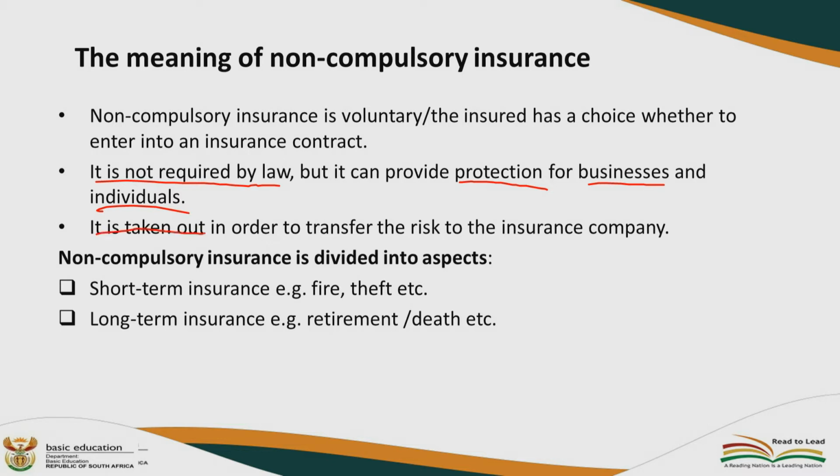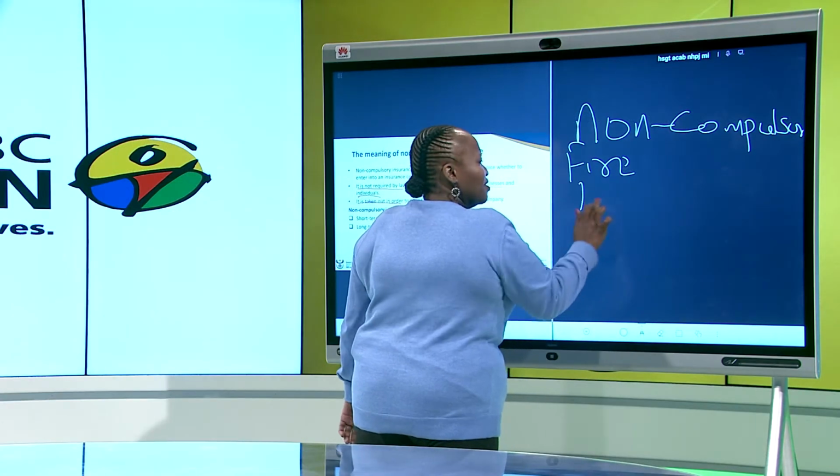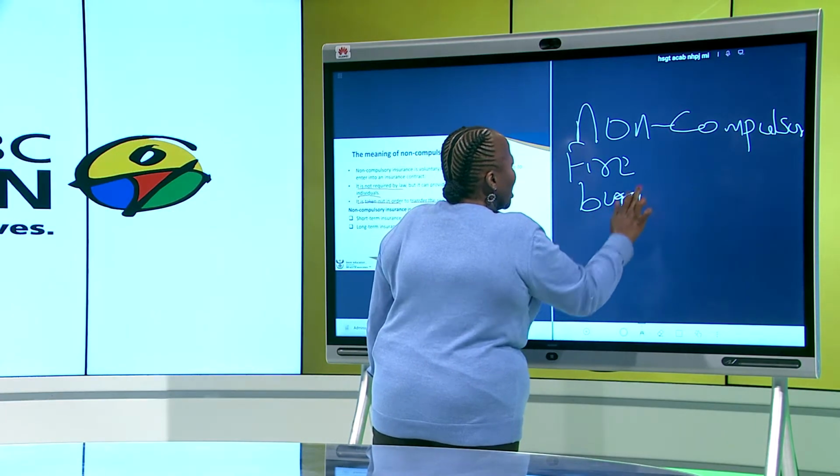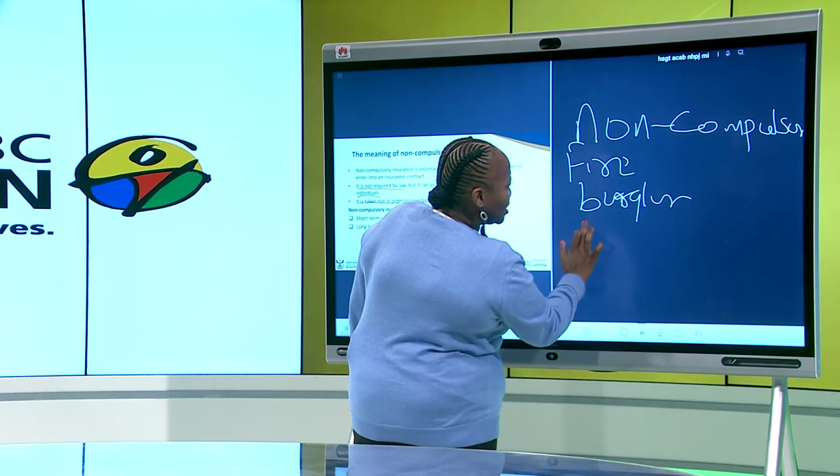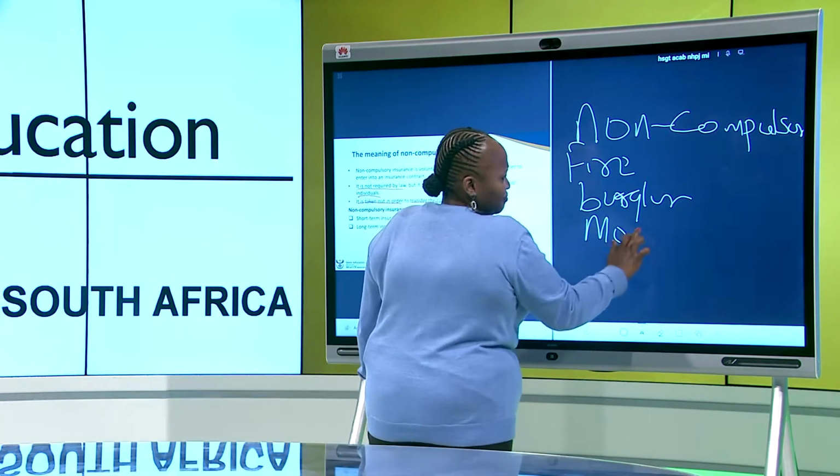How does it happen? It is taken out in order to transfer the risk. Businesses take out insurance in order to transfer the risk to the insurance company. What kind of risk are we talking about here? Risks such as fire, where property can catch fire, burglary, theft, and money in transit.